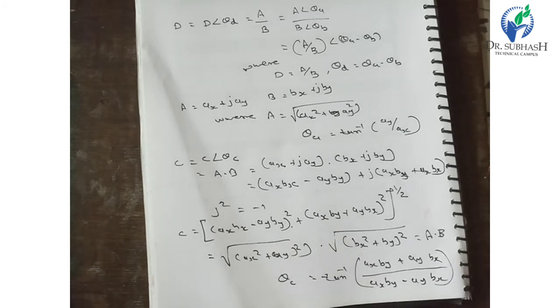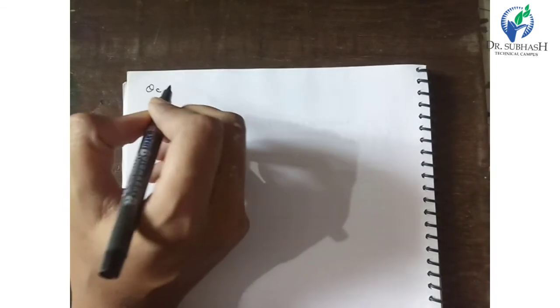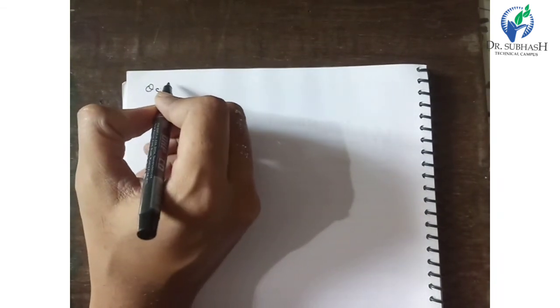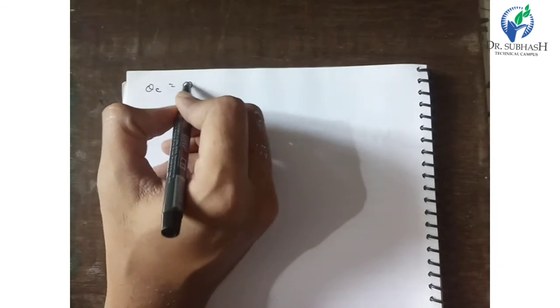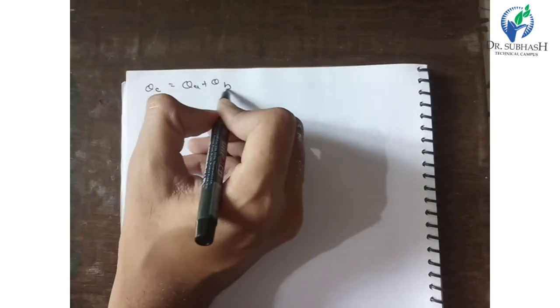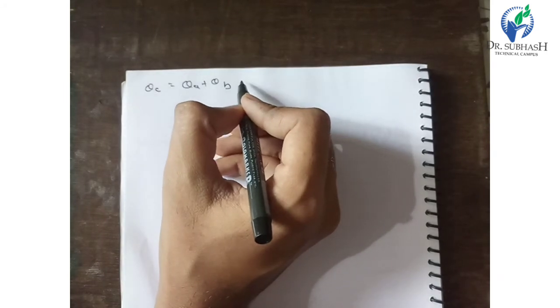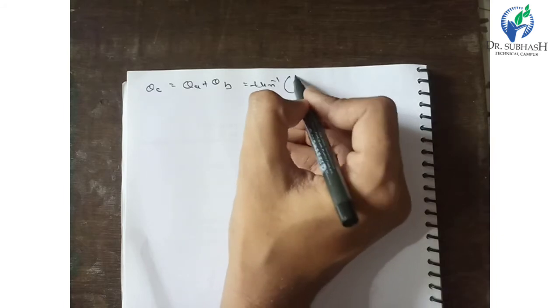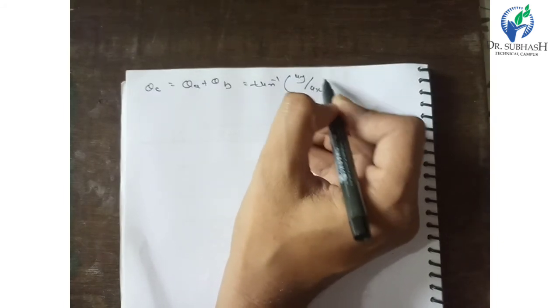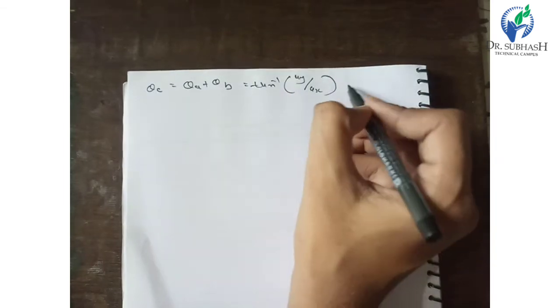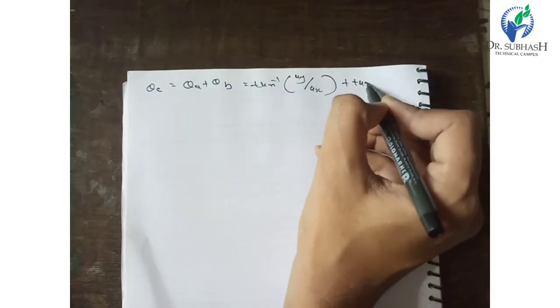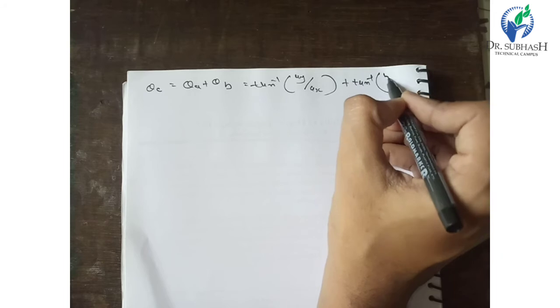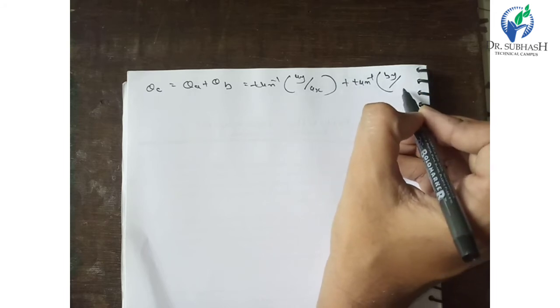For the phasor angle theta C, the output is theta A plus theta B. Theta A plus theta B is equal to tan inverse AY upon AX plus tan inverse BY upon BX.